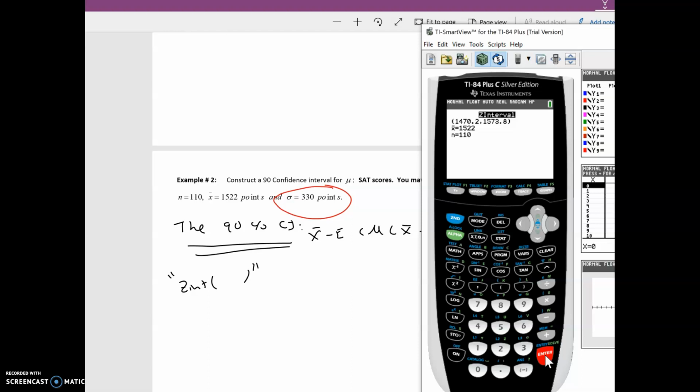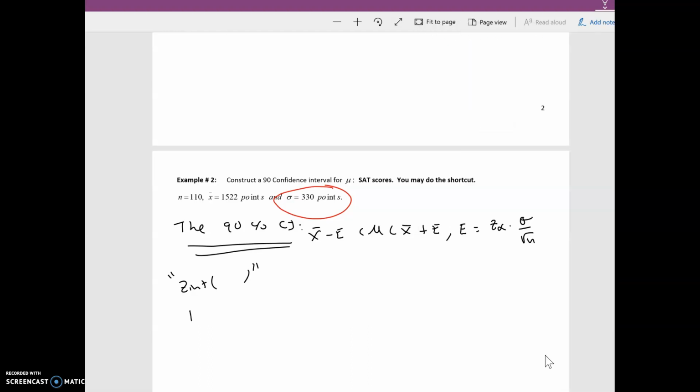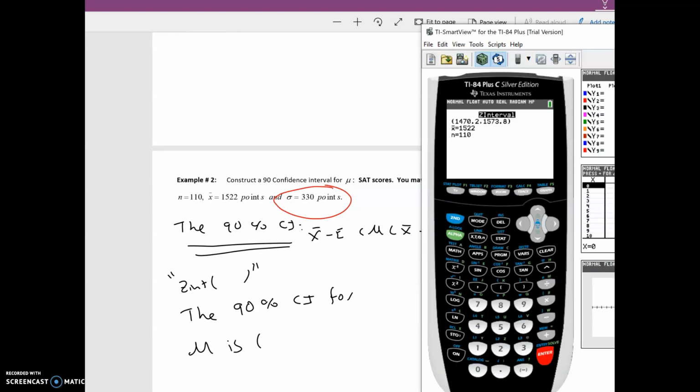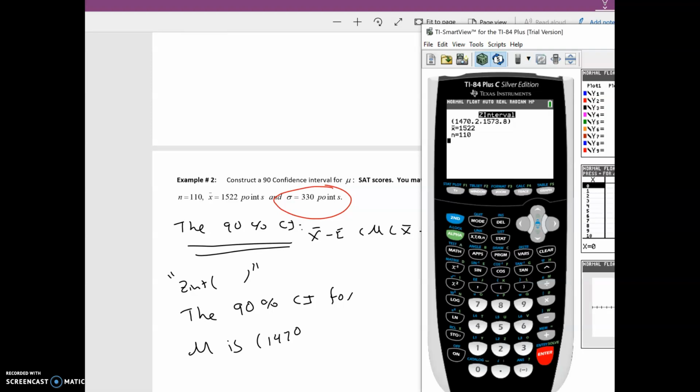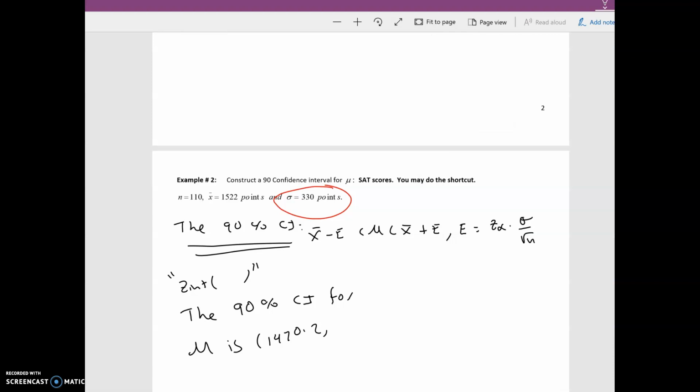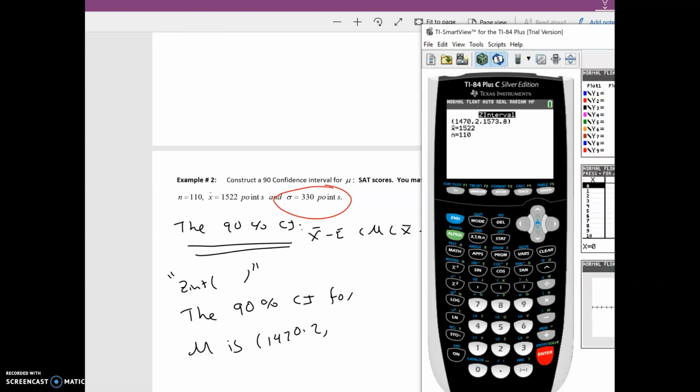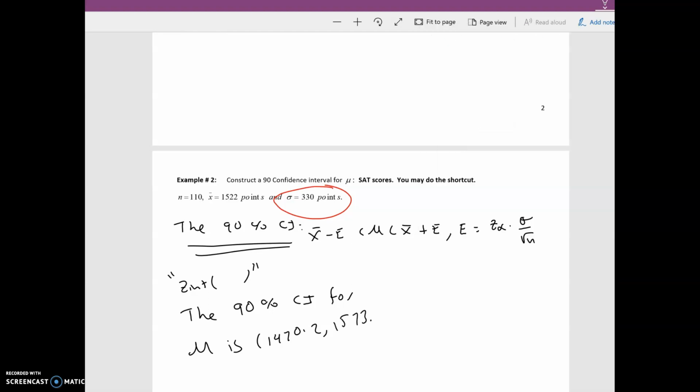The only thing you have to mention is a sentence that includes the final value, and you are providing the formula. So in this case, you would say something along the lines that the 90% CI for mu is given as follows: 1470.2 for the lower bound, and the upper bound is 1573.8.